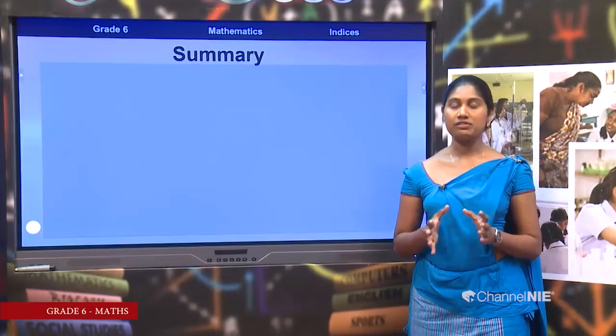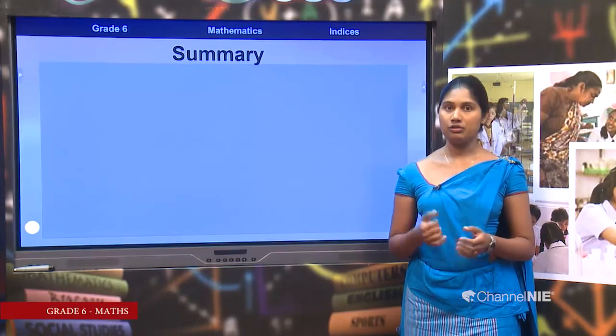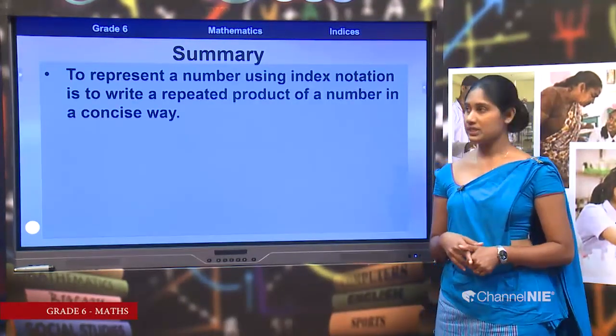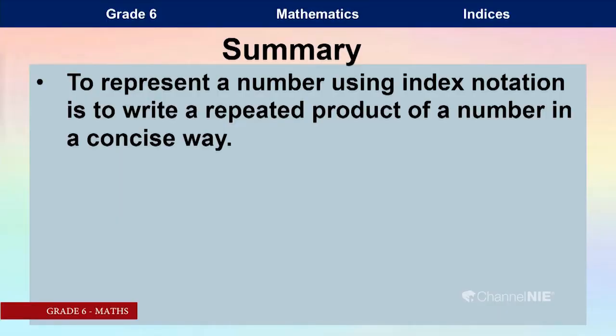Now, you have learned this lesson on indices. Now, we recall your memory today. To represent a number using index notation is to write a repeated product of a number in a concise way. Then when we consider index notation, we can make products concise. So, now you know how to do that.